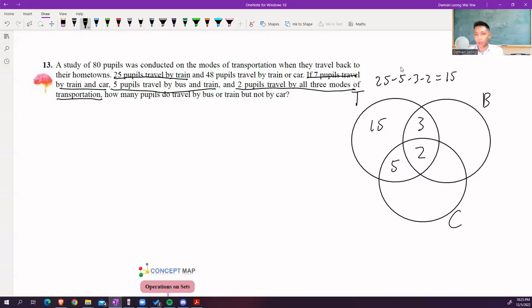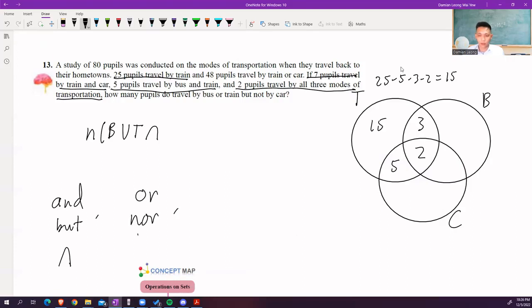And what I want is the number of pupils that travel by bus or train, but not car. The keyword "but" is intersect. "But" goes with a complement, and "or" or "nor" is for union.